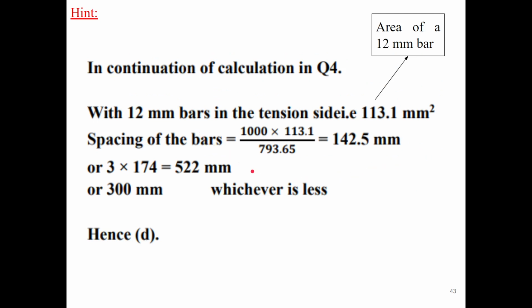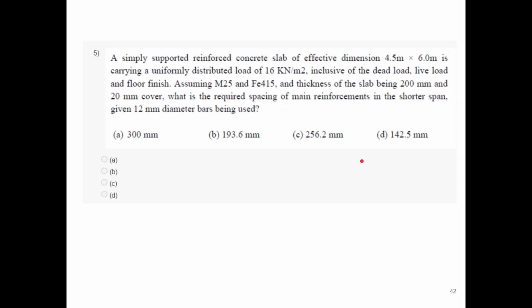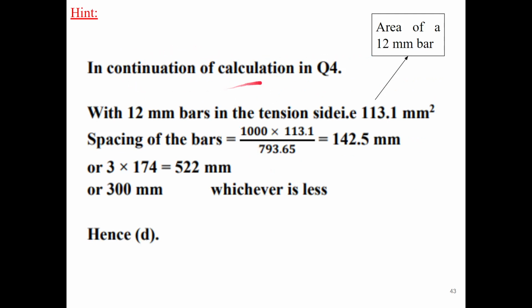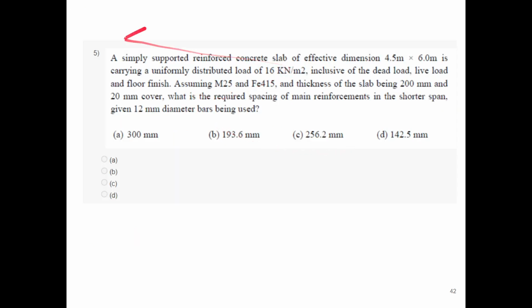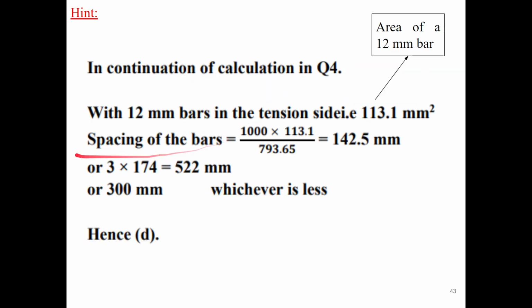So I feel the question is the same as the last problem. The values are the same, only what we have to find is different. So with 12 mm bars in the tension, the area of one 12 mm bar is 113.1 square millimeter.